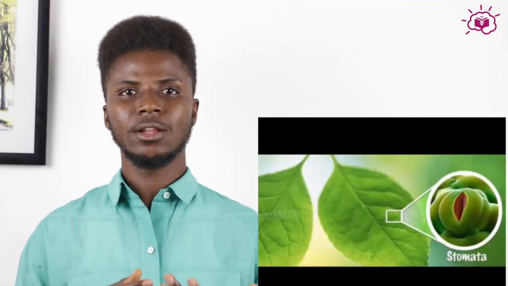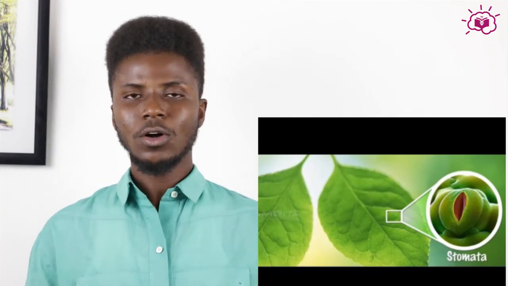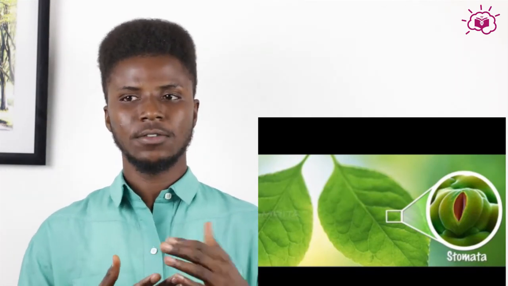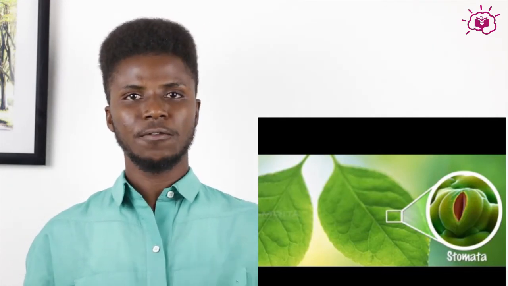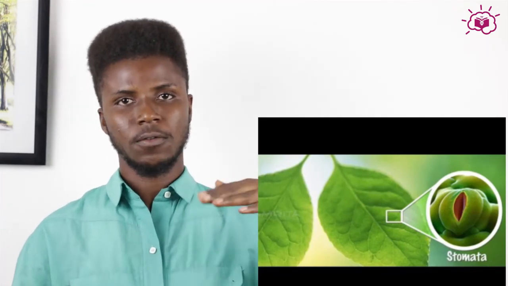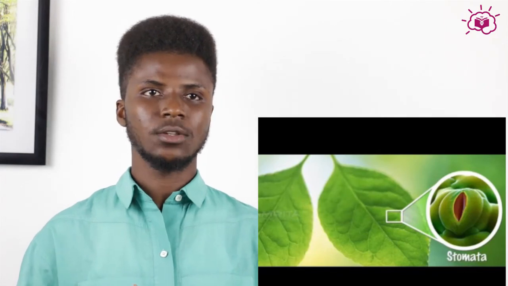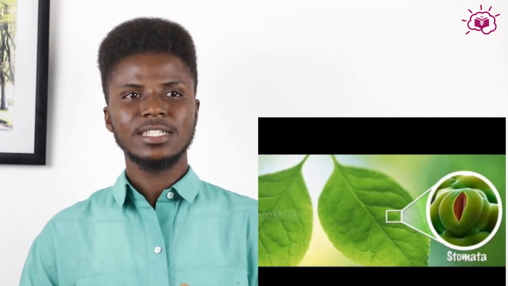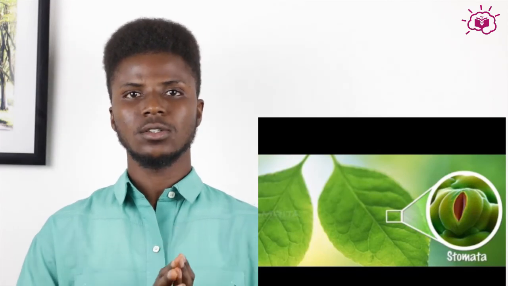Now, the stomata are located more underneath the leaf, that rough side under the leaf is where most of the stomata are located, while we have very few on top of the leaves. When the plant wants to take in oxygen, the guard cells allow the stomata to open up and let oxygen come in.